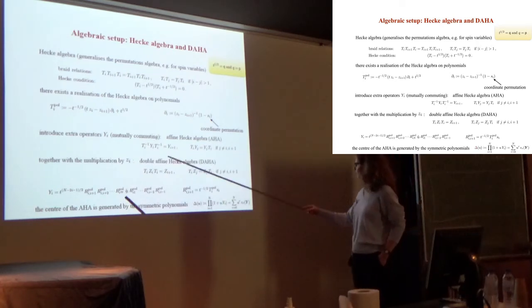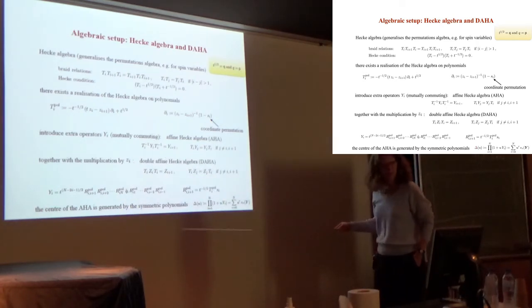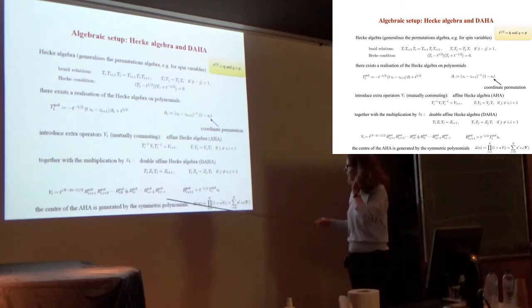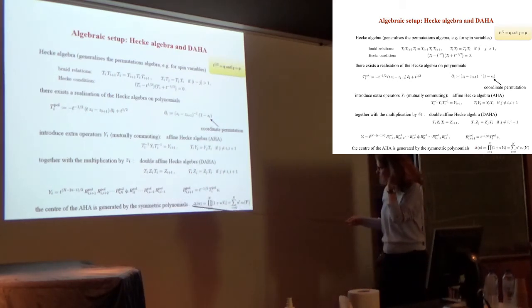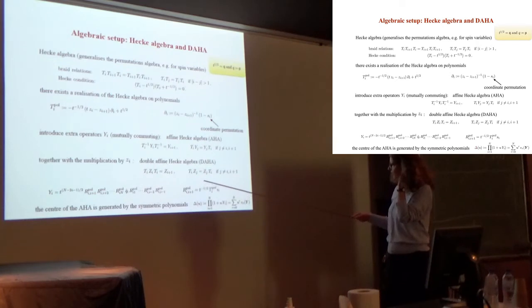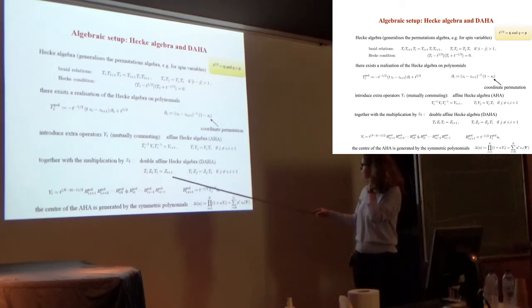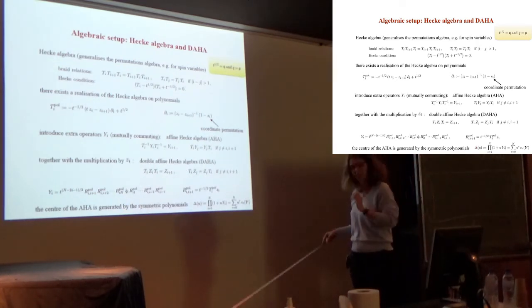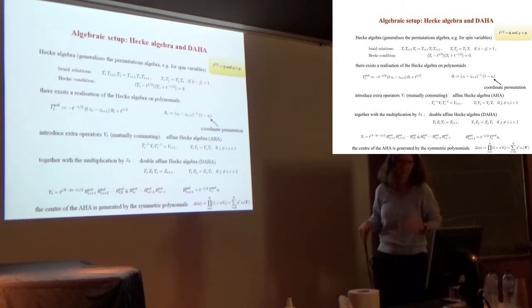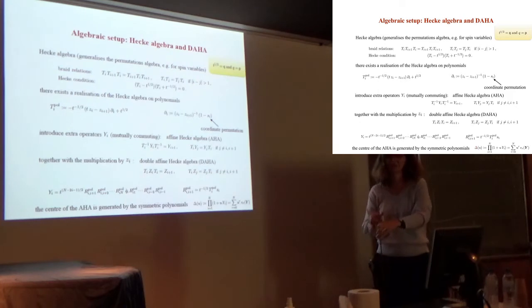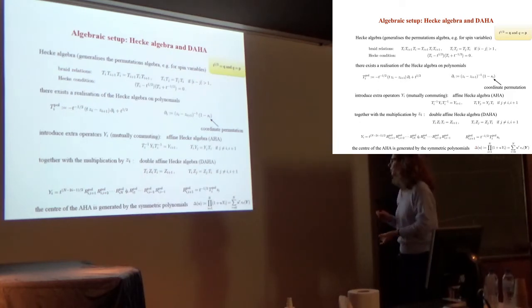These objects were defined in the Bernard, Gaudin, Haldane, and Pasquier paper. And also, they were defined more or less at the same time, or maybe a little bit before, by Cherednik, and they are known as Cherednik operators.